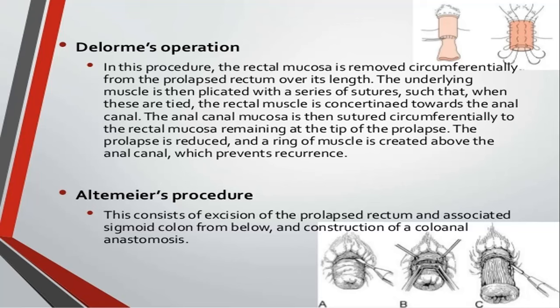The prolapse is reduced and a ring of muscle is created above the anal canal, which prevents recurrence. Simple. Remember that Delorme's operation is nothing but the excision of the mucosa.